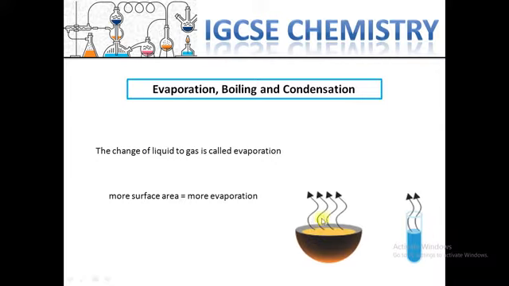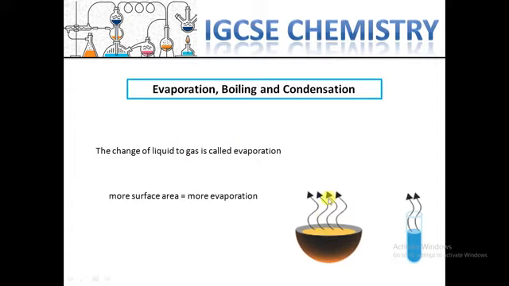Here you can see two examples with two different containers, two different chemistry lab dishes. So those are different. Okay, on the left you can see there is more evaporation.